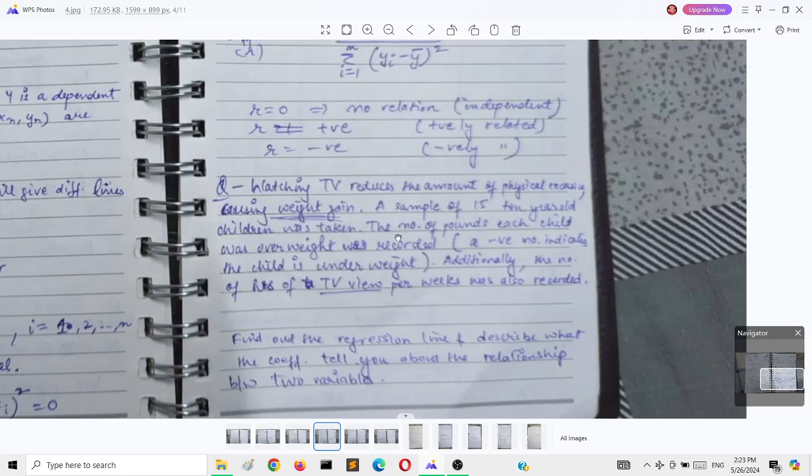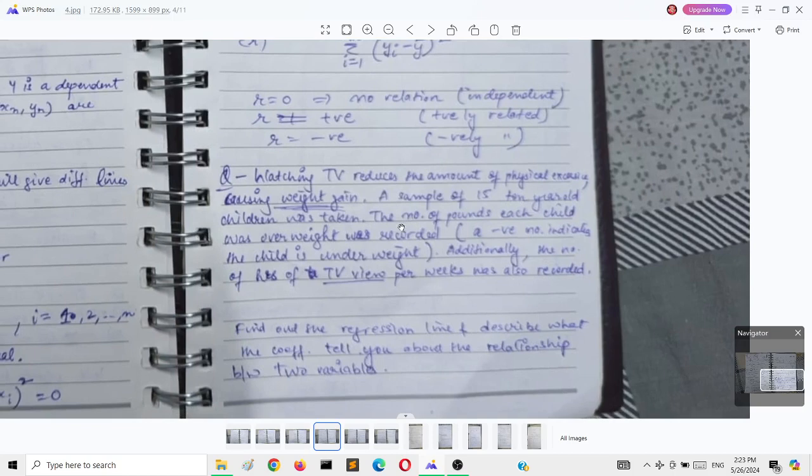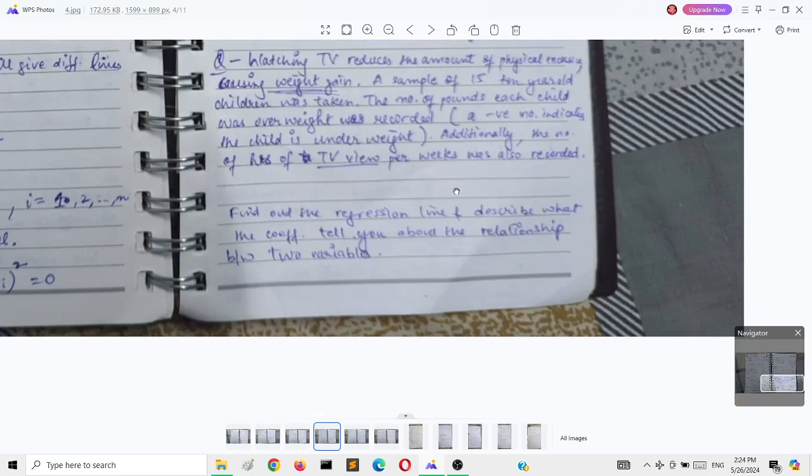The number of pounds each child was overweight was recorded, meaning how much the weight increased, from the 15 samples. A negative number indicates the child is underweight; if the weight has decreased, a negative value is recorded, otherwise a positive value. Additionally, the number of hours of TV viewing per week was also recorded, meaning how many hours a child watches TV.